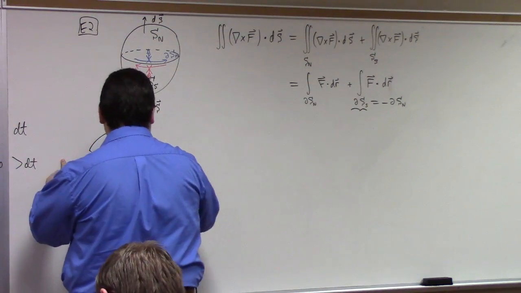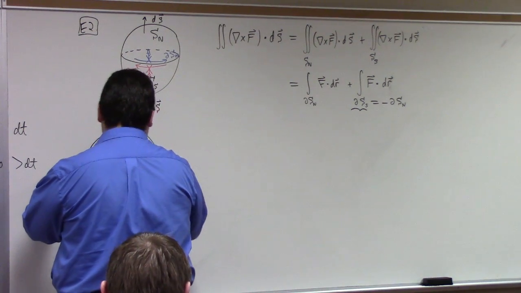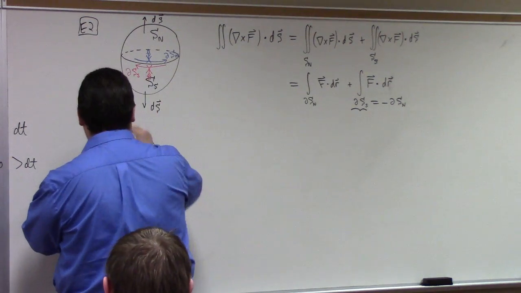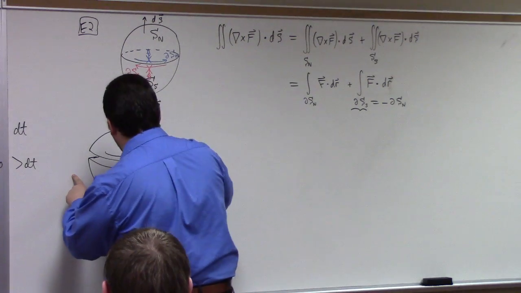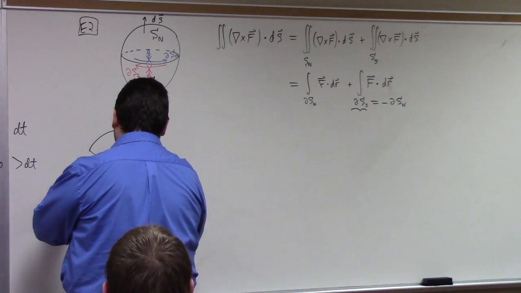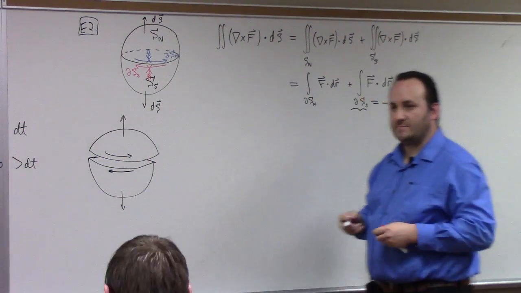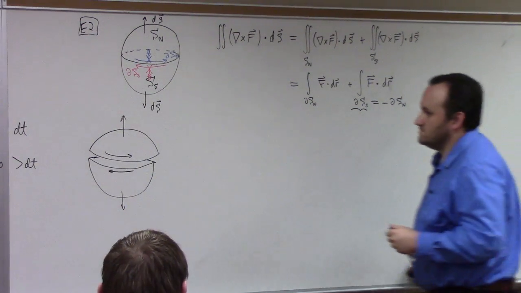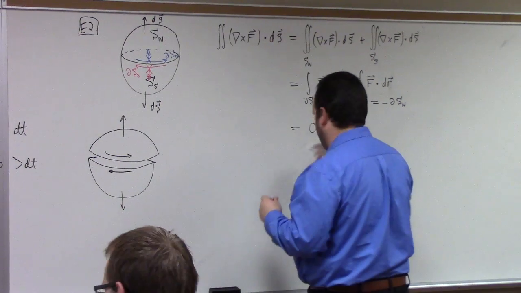It may be helpful to separate it like this, just draw a little gap in. So this one, around the top, the orientation's like that. On the edge down here, the orientation's the other way. You put them together, so, 0.